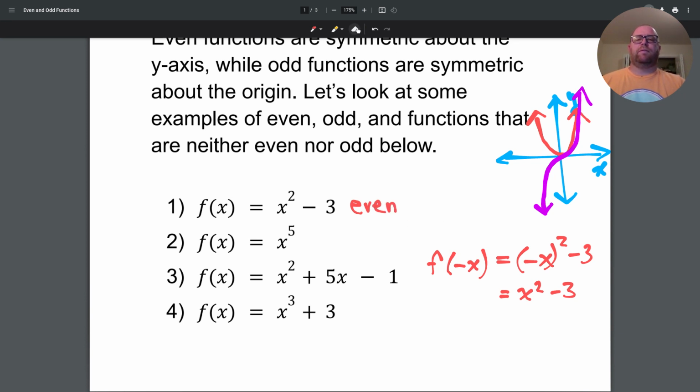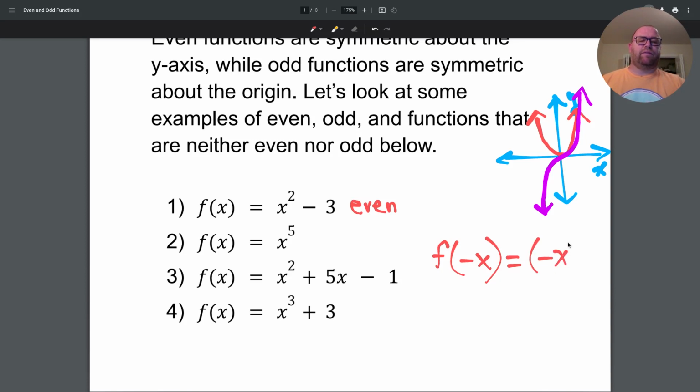Okay, let's get rid of this stuff here. And let's take a look at this x to the fifth. Well, if I look at f of negative x, what does that equal? That equals negative x to the fifth power.